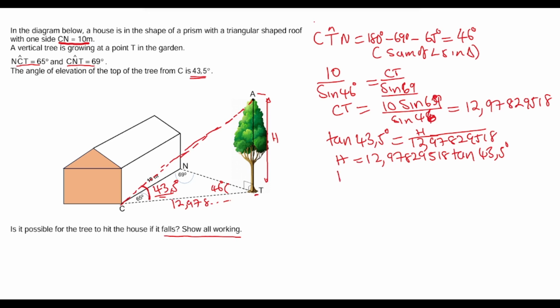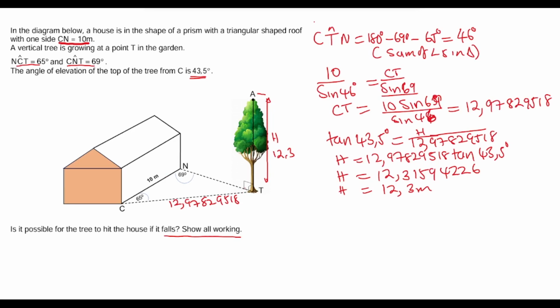Put this in the calculator and we get h equal to 12.31594226, which is roughly the height of the tree being 12.3 meters.